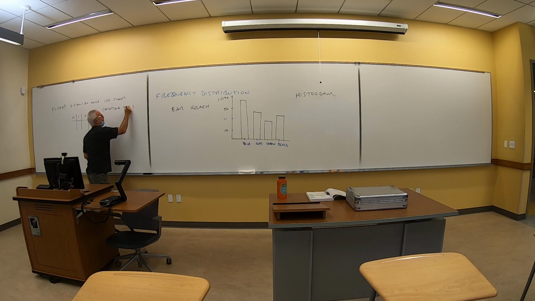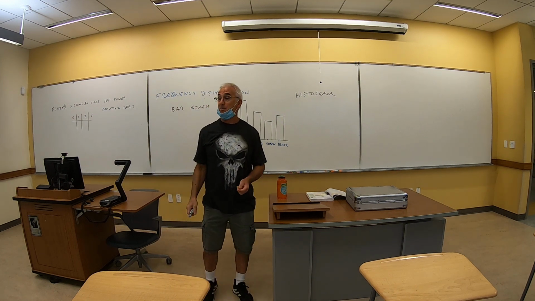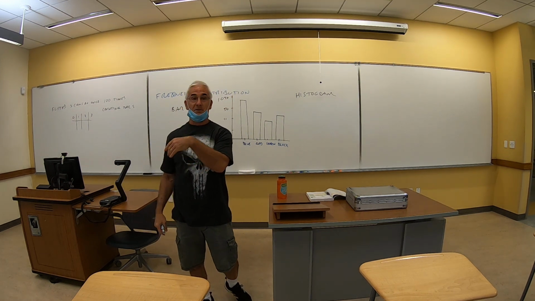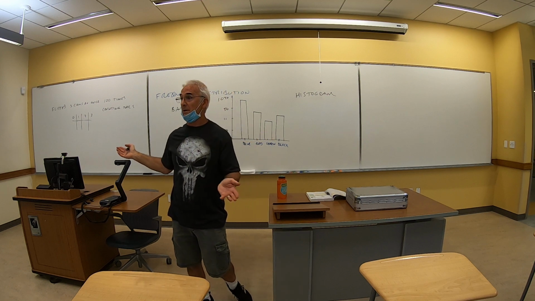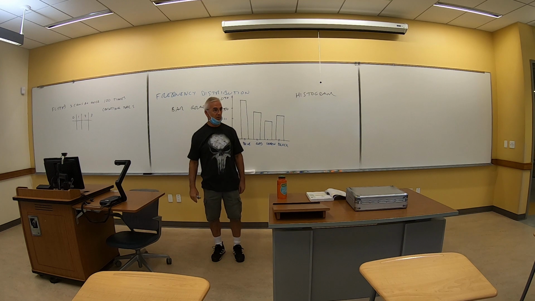Now, if I flip 3 coins at one time, is it possible that none of them come out tails? Yeah. Is it possible that all of them come out tails? And sometimes one, sometimes two. All of those are equally, I shouldn't say equally likely, all of those are possible. Okay, everybody go with that?